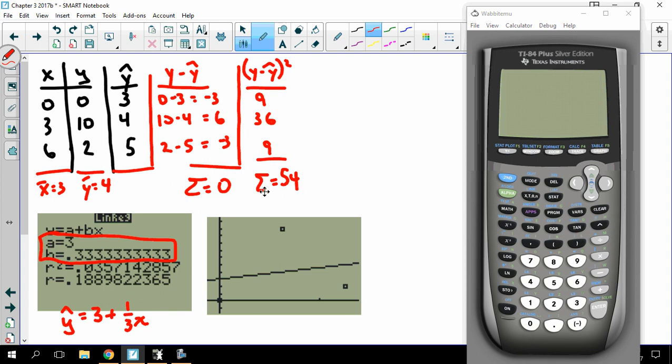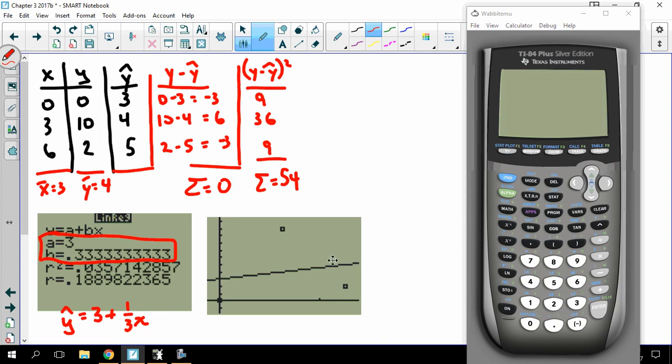If this number was smaller, what would that tell me about my line? That means it's better. If this number was smaller, that would mean these numbers are smaller, which would mean I was less wrong, which would mean my line was better. If this 54 was really big, it would mean my line was really crummy.